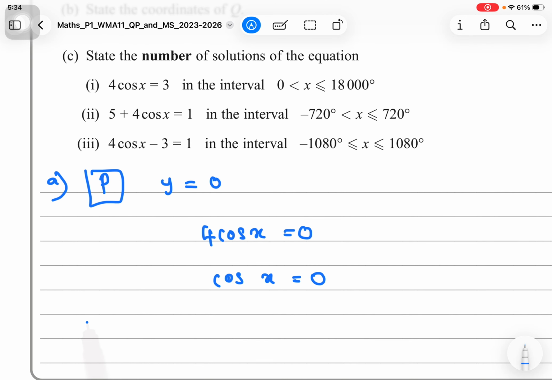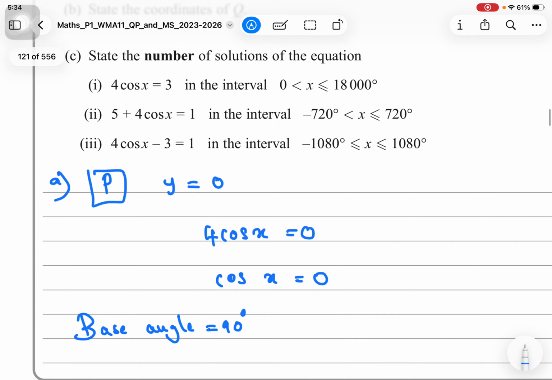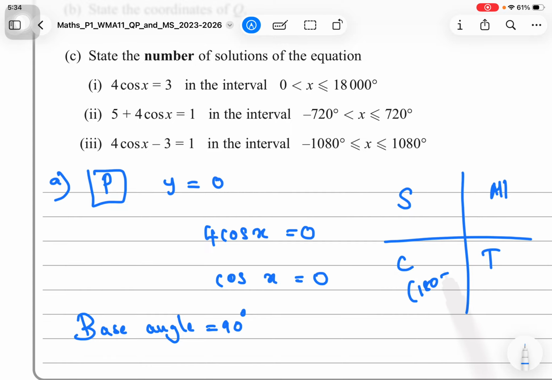So when you have cos x equals 0, we know the base angle is going to be like 90 degrees, because we know the base angle is that, which we can take as theta. But in a quadrant format, we know even this is also positive, which is 180 plus theta.